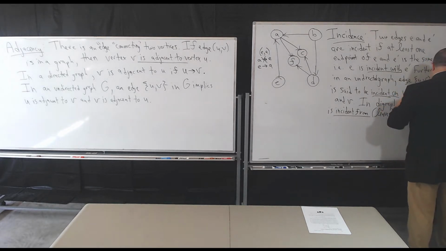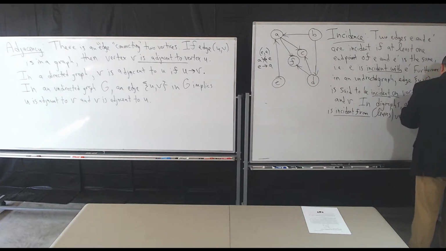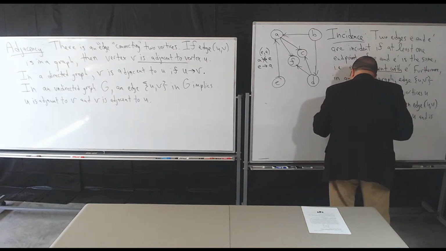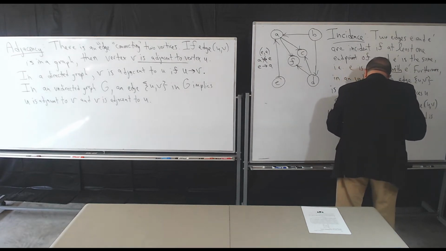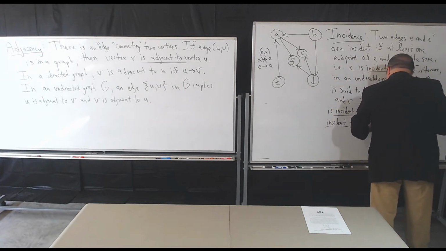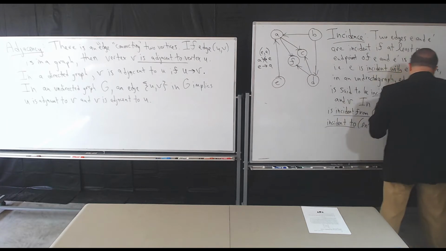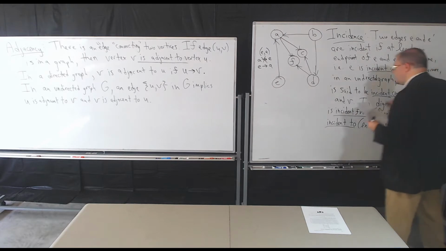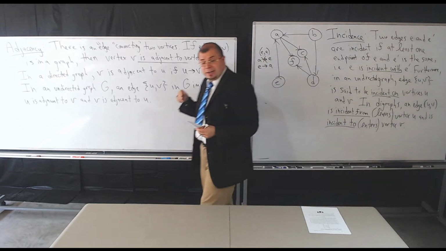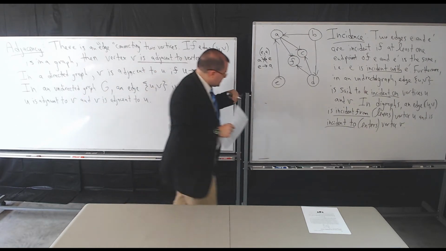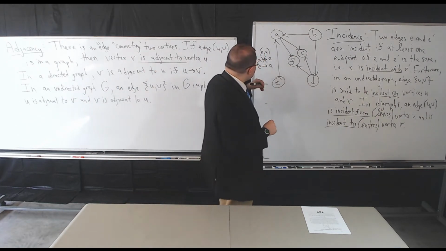Is incident from vertex U and is incident to, or enters, vertex V. So in the notion of a directed graph, you have this notion of coming and going, okay?